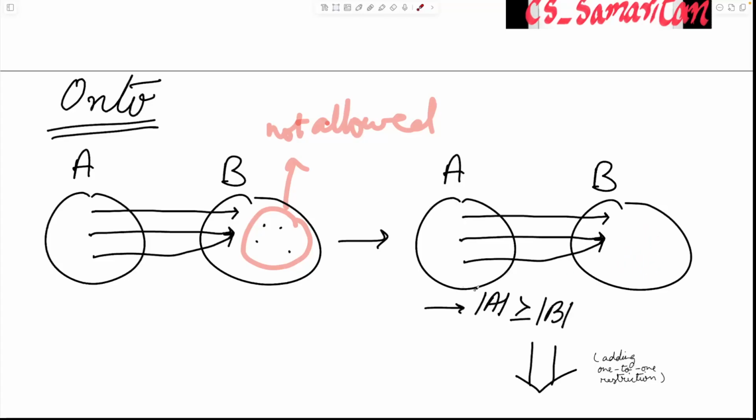So the size of A would be greater than B, and not just in this case, always, because if the size of B were greater than A, then there would be some leftover elements. Even if there is no overlap, there would still be some leftover elements. So the equality condition exists if there is no overlap. But if B is greater than A, there would be some leftover elements. There is no way to avoid that.